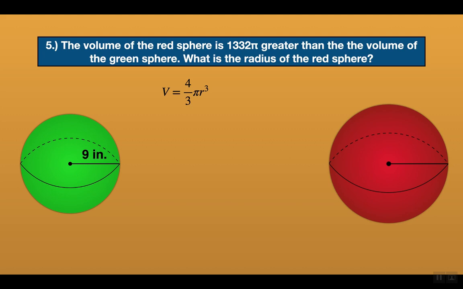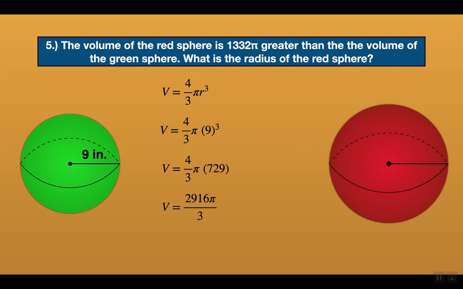And since we already know the radius of the green sphere, the radius is 9, let's plug that into the formula. I'm going to follow the order of operations and do 9 to the third power, which gives me 729. Now when I multiply that times 4, I get 2,916 pi over 3.